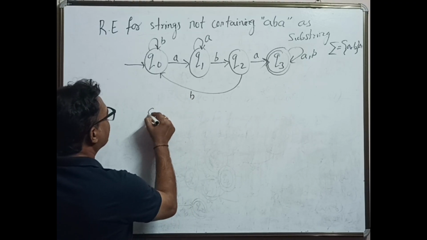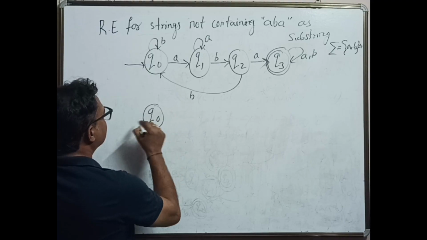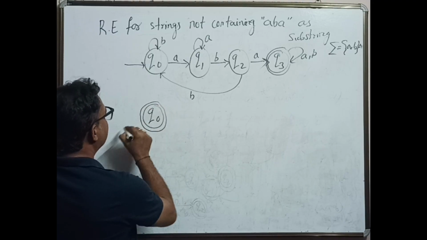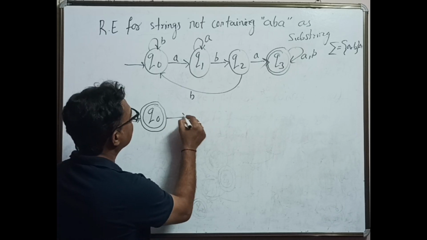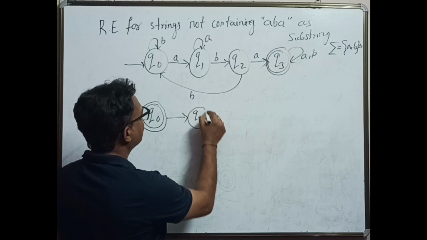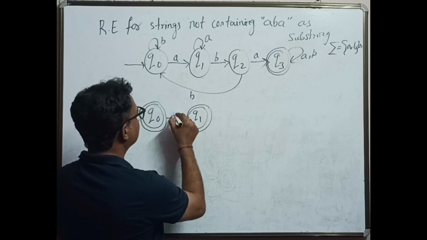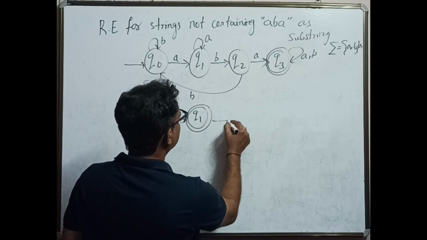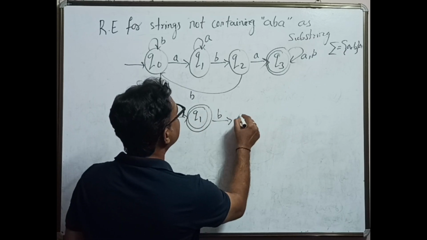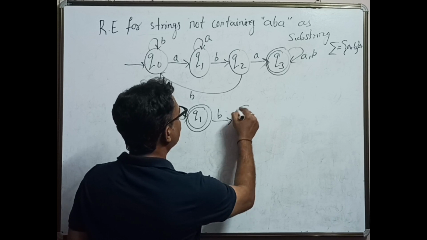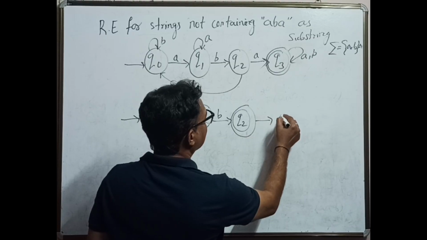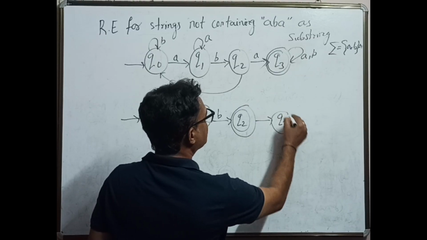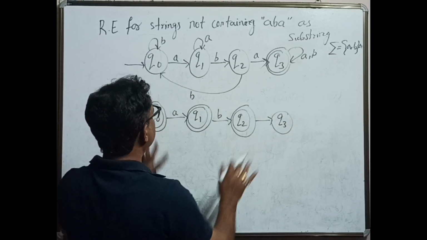Okay, Q0 becomes a final state as well as the initial state. Next, Q1 also becomes a final state. Then Q2 also becomes a final state, and Q3 becomes a normal state, and all the inputs remain the same.